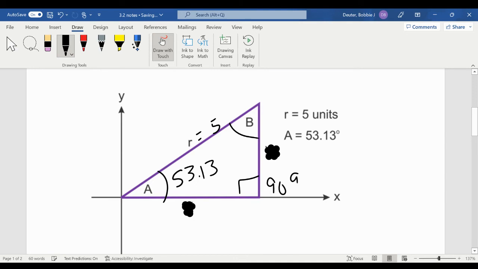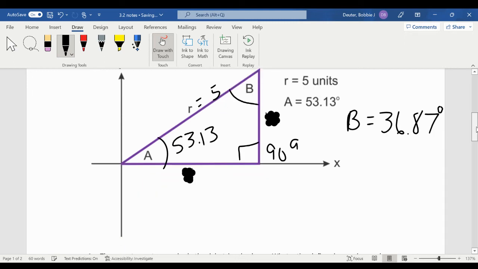So we know that our theta or our B angle is going to be equal to 36.87. And we simply solve that because the total of all 3 of those angles, because it is a 90-degree triangle, has to be equal to 180 degrees. And so we now know some information before we even solve on some of this.